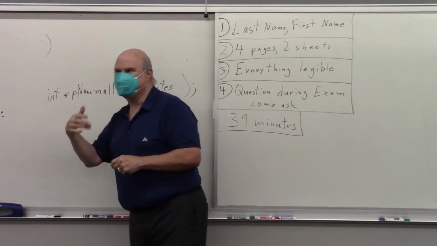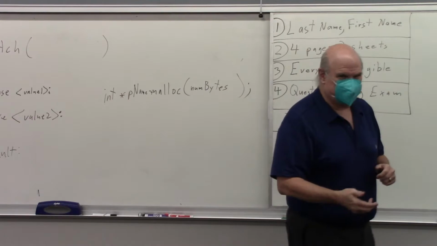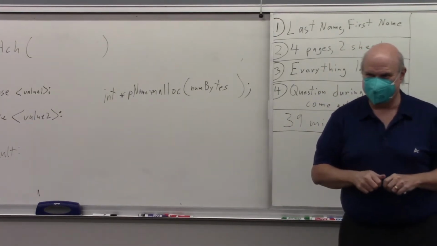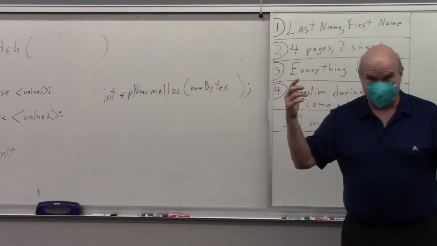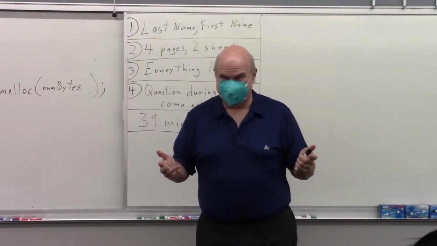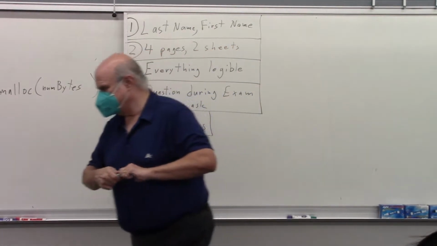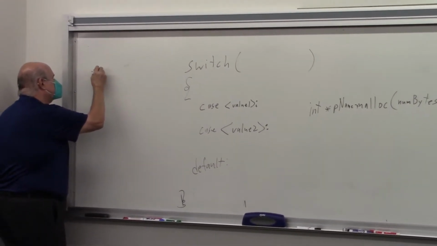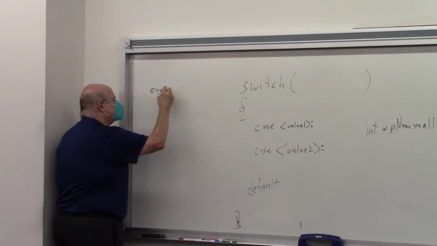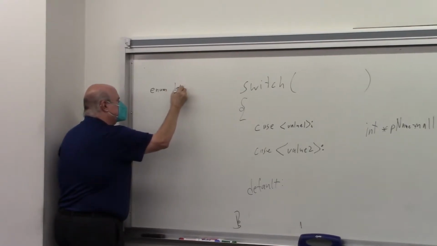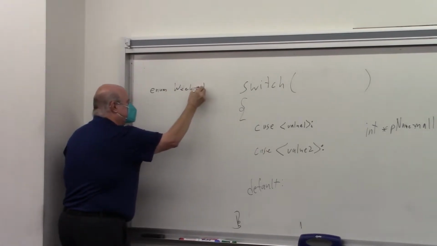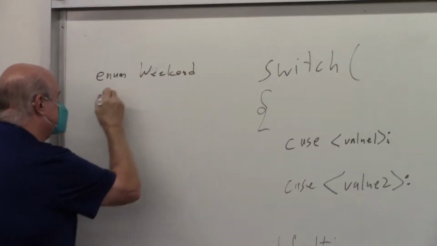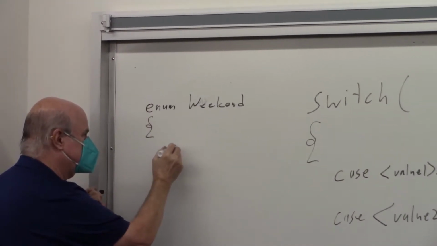There's a reason for that I went over last week, because unfortunately in C, when you declare enums, we had an example. Let me use a quick example. Say I have an enum called weekend, and I put sun in it.